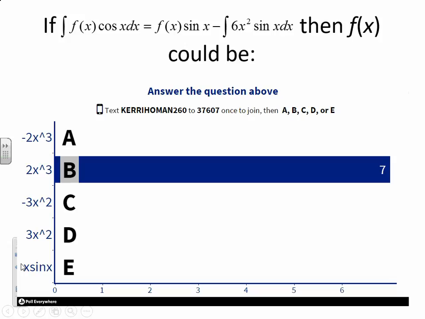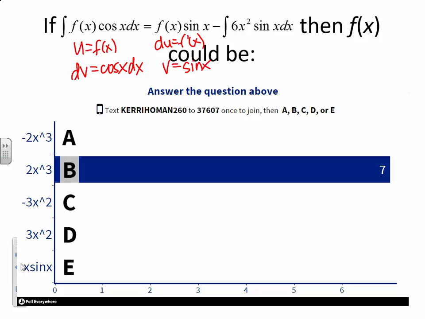So based off of where the cosine and sine are, is f of x u or is f of x dx dv? U is f of x and dv is cosine of x dx, which means du is f prime of x and v is sine of x, right?